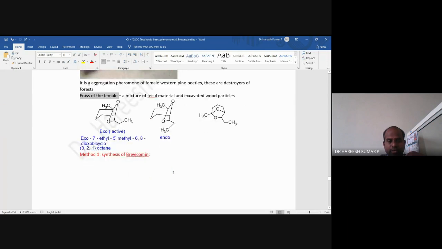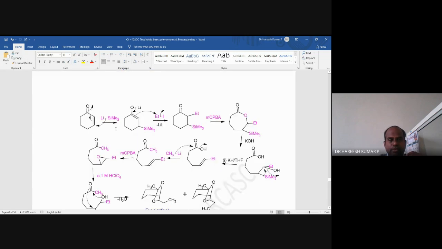So let's look into method 1 for the synthesis of Brevicomin. You know that this is cyclohexanone, and you know trimethylsilyl lithium. What will it do? The silyl is nucleophilic in nature.